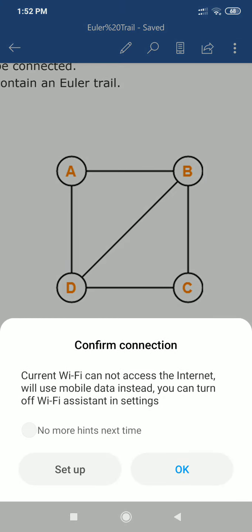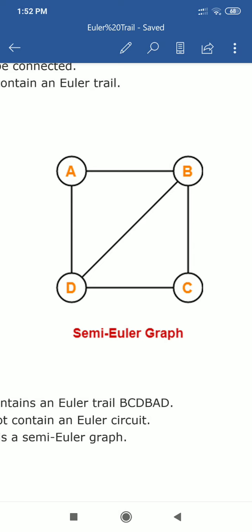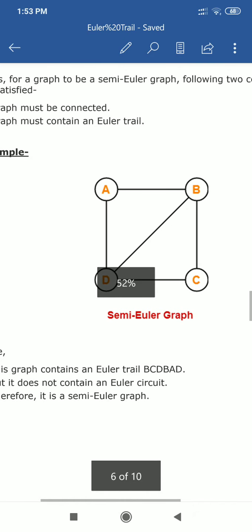Repeating again, B to C, C to D, D to B. Three are completed. Now B to A to D. That's all. You don't have to come back to the initial point B. So this is an Euler trail, and this is a semi-Euler graph.